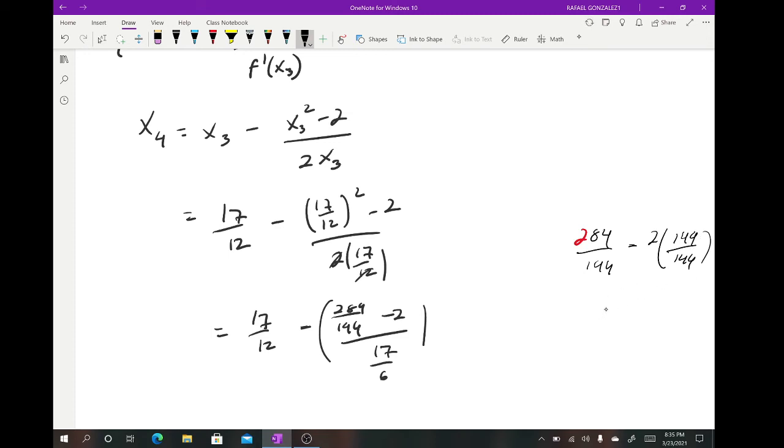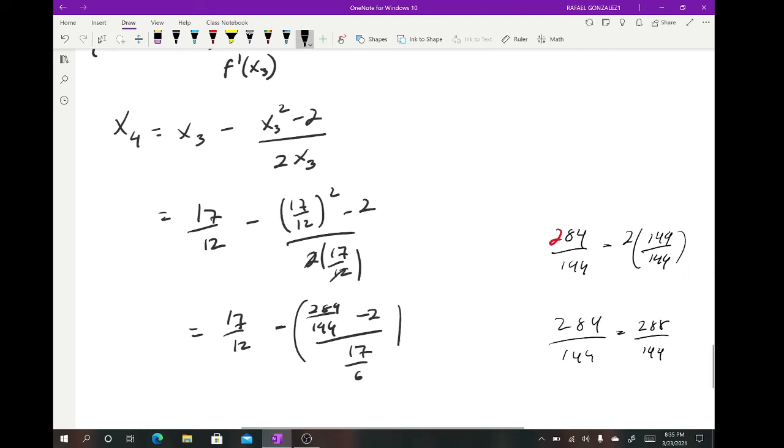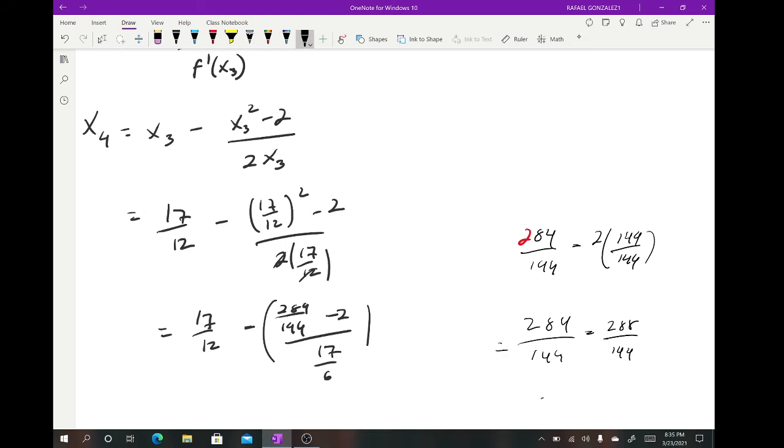So this is going to be equal to 289 over 144 minus 288 over 144. And then this is going to be equal to 1 over 144.